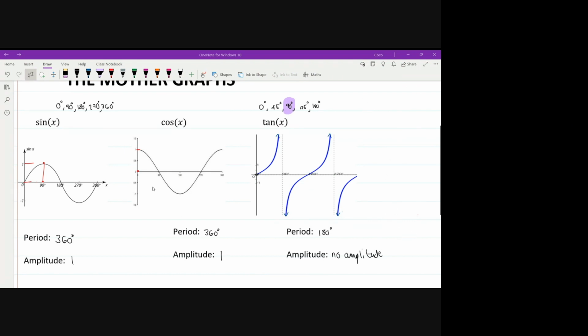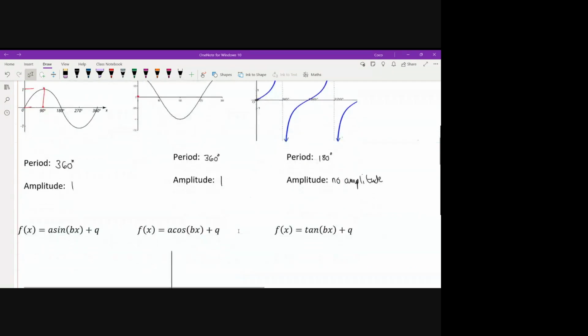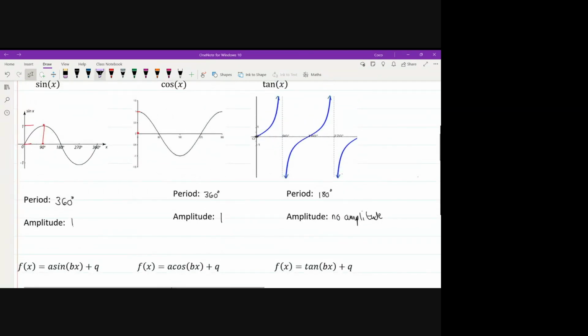All right, so we're going to be looking at a couple of transformations of this tan graph, or all 3 graphs from our mother graph. And the question that I want us to keep in mind as we're going to each of these is what has happened to my mother graph.